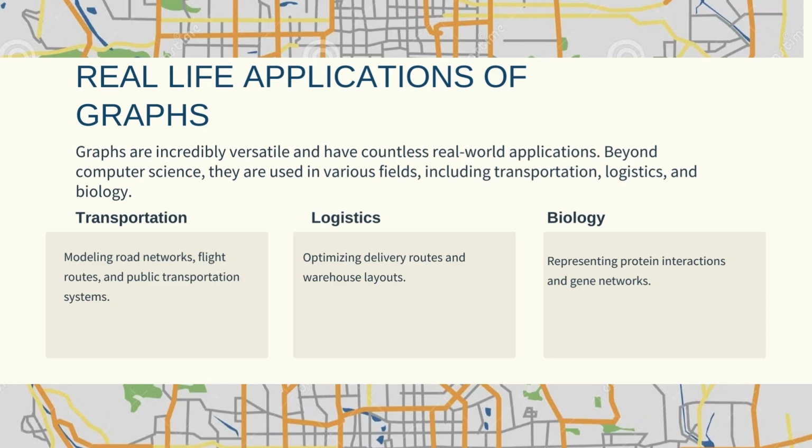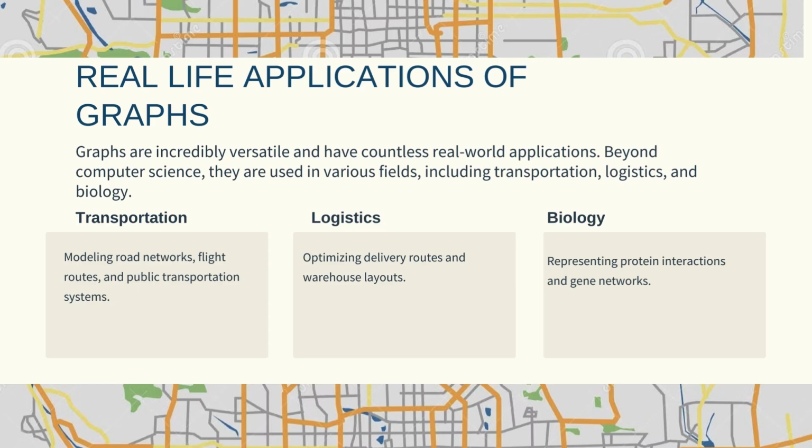Real life applications of graphs. Graphs are incredibly versatile and have countless real world applications. Beyond computer science, they are used in various fields, including transportation, logistics, and biology. In transportation systems, graphs are extensively used to model road networks, flight routes, and public transportation systems.